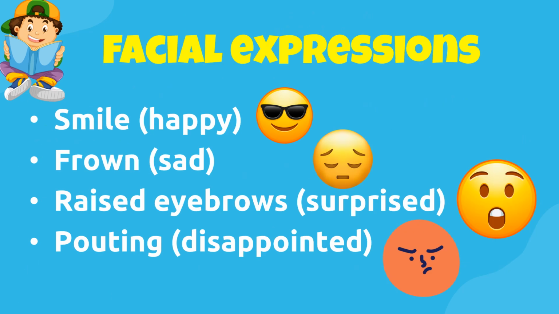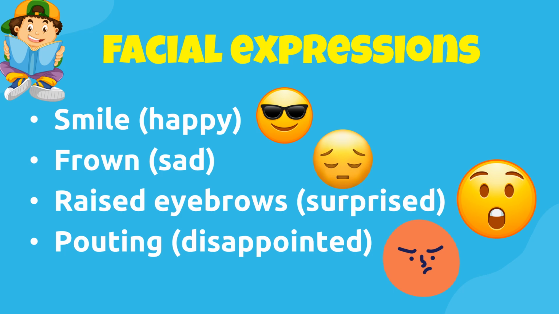These are some of the facial expressions we are using to signal what we are feeling and experiencing at the moment. For example, when we smile, it conveys that we are happy. When we frown, it means sad.